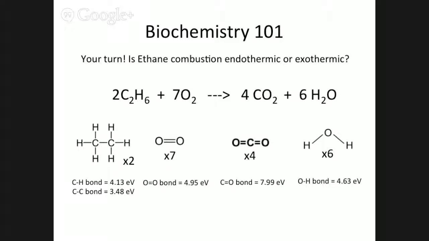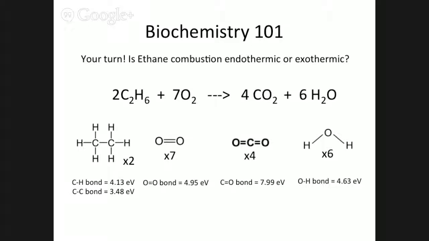And then this side of the equation comes out to negative 119 electron volts roughly. And because that side of the equation has more than this, you lose energy, which means it's exothermic. So yeah. Okay. Anybody get anything different or have a slightly different result or a completely different result?